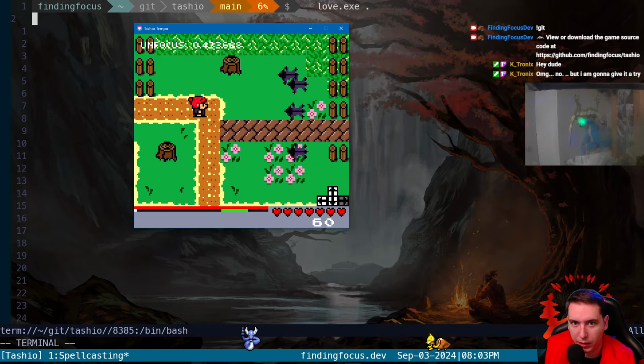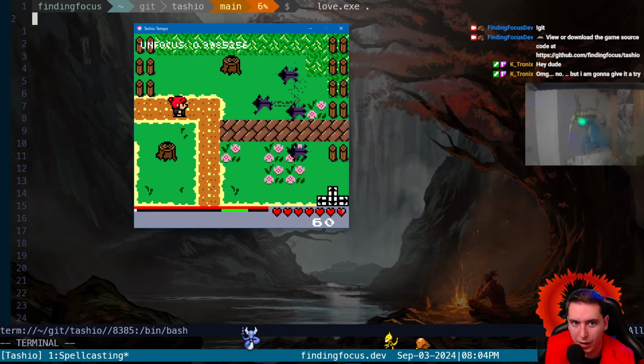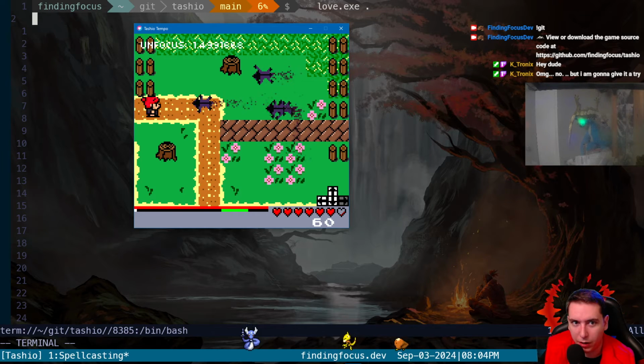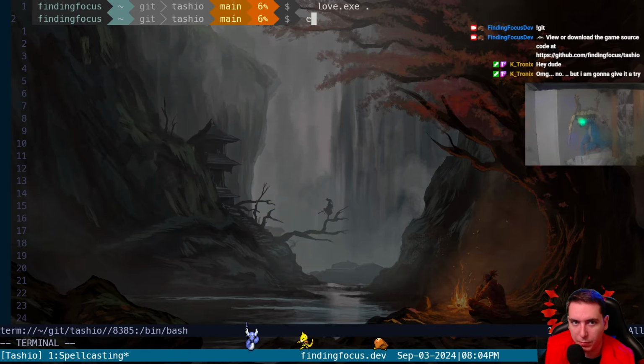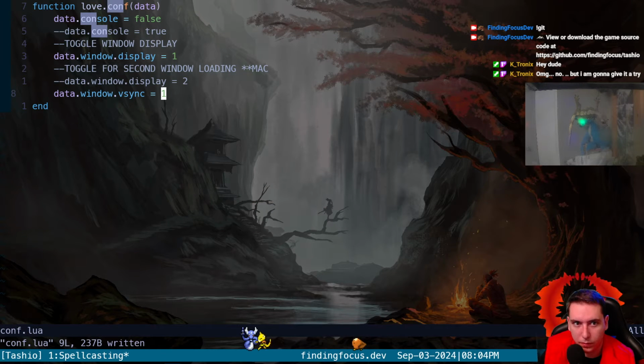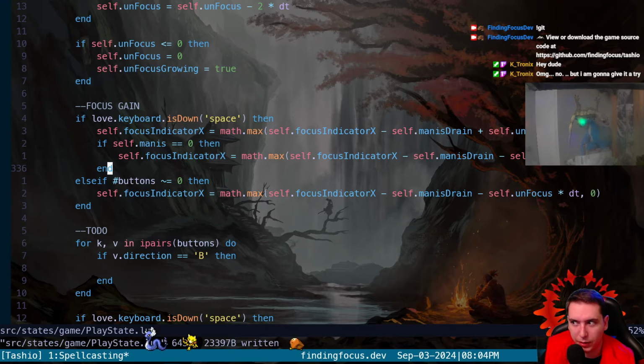Let's see how knockback is looking. Wow. Yeah, our knockback is jacked up too. Shit, man. Our knockback is not scaling properly.